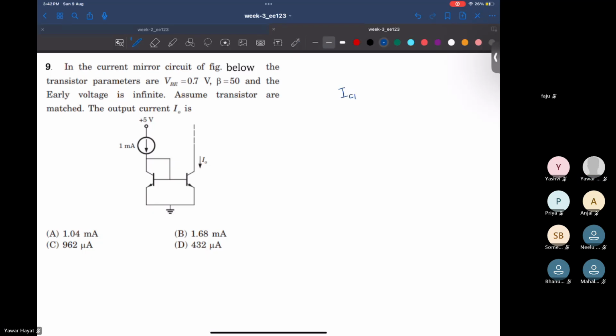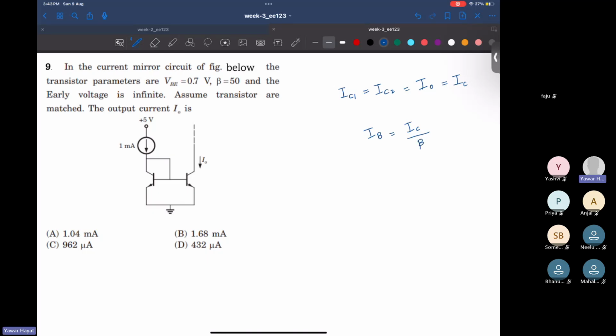IC1 is IC2, since they are matched, and that is equal to I naught. Is this correct? And for each of the transistors, your IB would be the same in both, and that IB would be IC by beta.